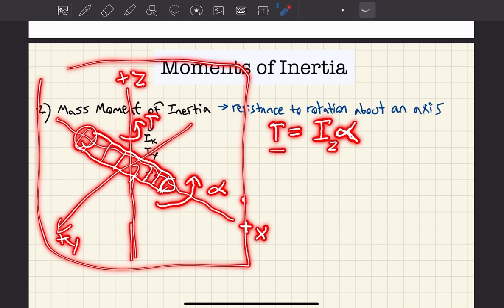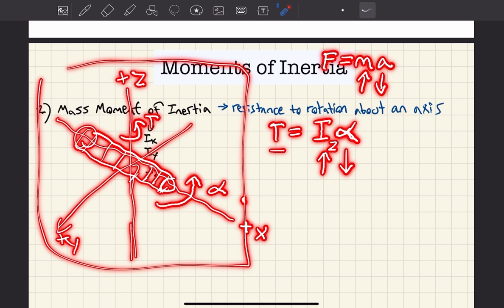Okay. The same way that force is equal to ma, the same way that mass was opposing my acceleration, the greater my mass was, the less acceleration I would have. Similarly, the greater my mass moment of inertia is about the z-axis, the less angular acceleration I have, right?